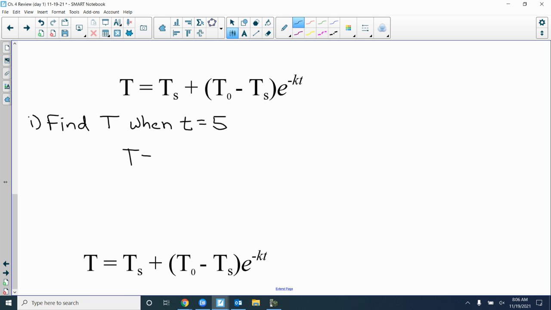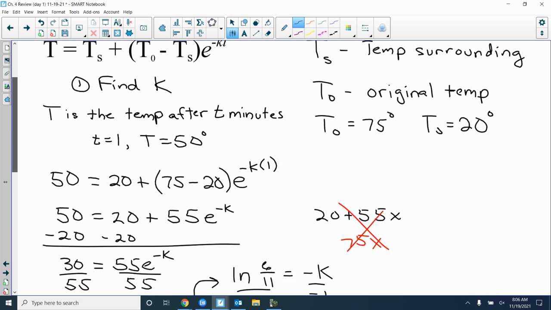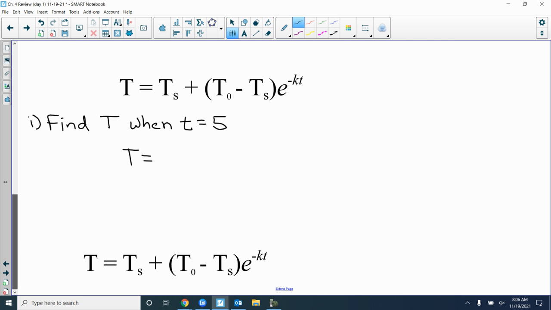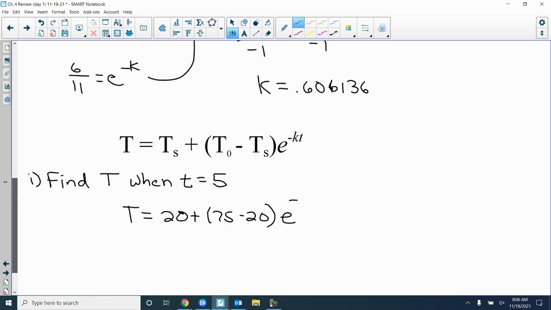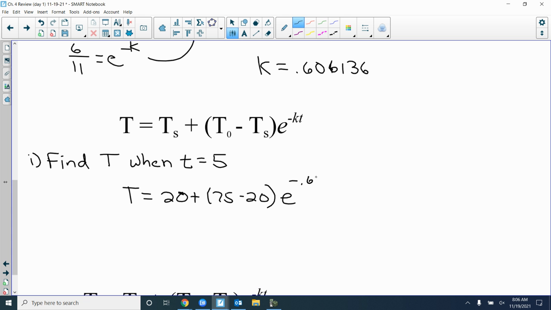So temperature equals the surrounding area, which we said was, what was that, 20, plus 75 minus 20 times e to the negative 0.606136 times 5.